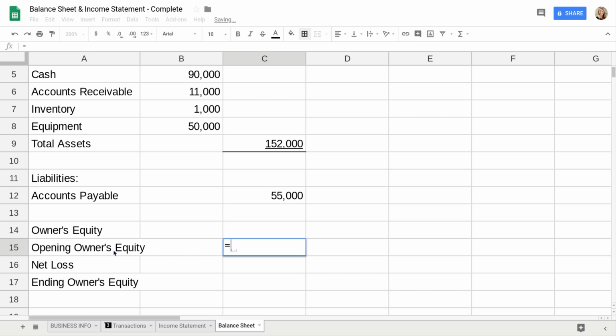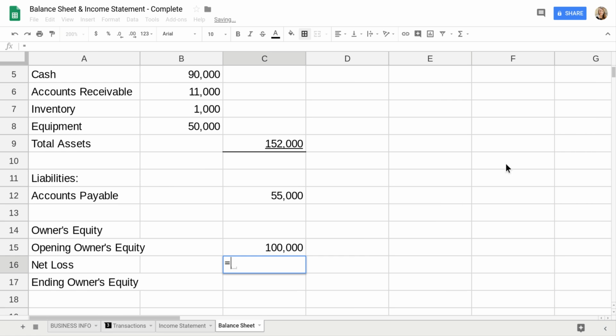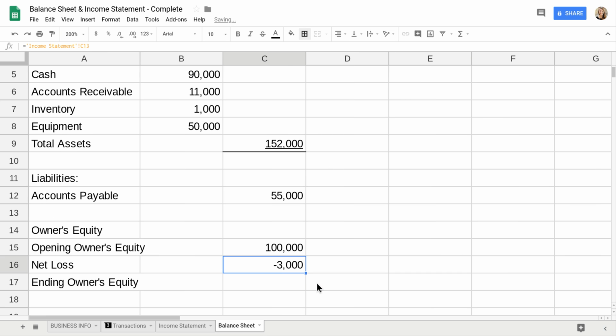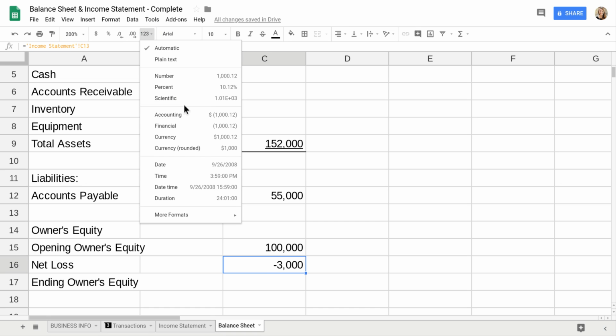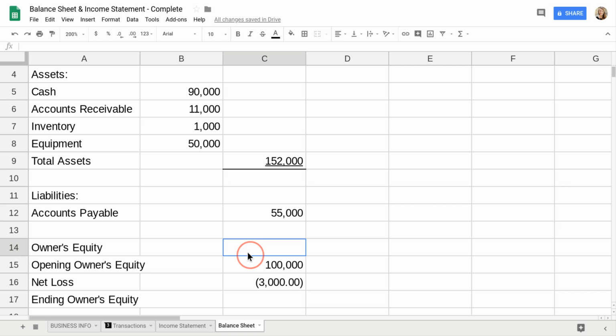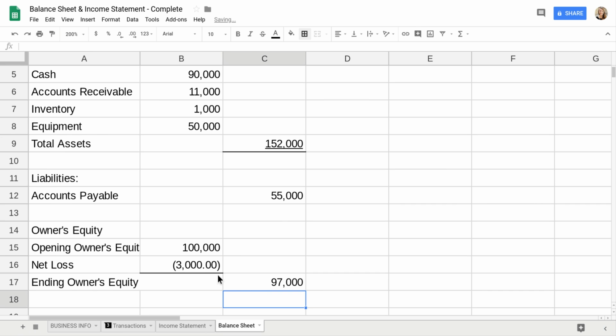Okay, opening owner's equity is equal to, again, this 100,000 investment. Net loss is equal to this number here in our income statement. And I'm just going to have it show it in brackets so it's nice and clear there. Ending owner's equity, let's move these over as well. And then our ending owner's equity is the sum of these 2 things, which is equal to this plus this.